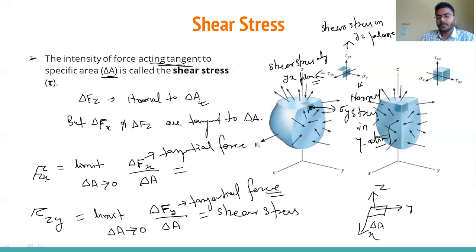So delta Fz was normal to delta A and delta Fx was tangent to delta A, right? When we divide the normal force by the area, it gives us the normal stress. When we divide the tangential force by the area, it gives us the shear stress.